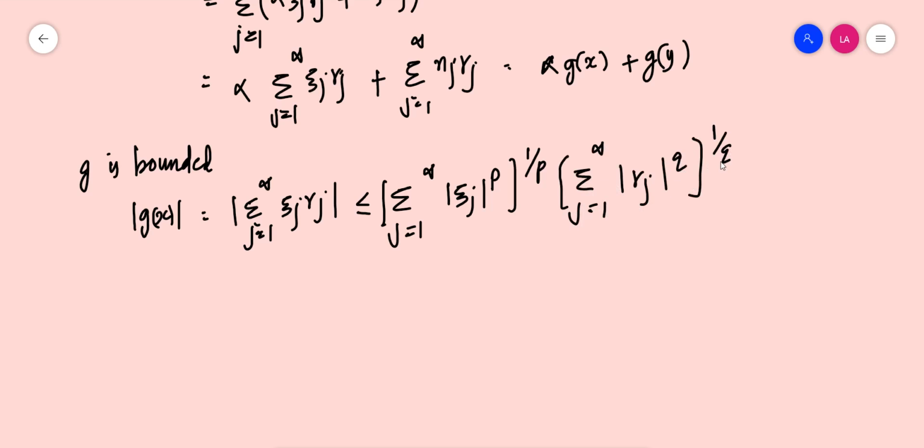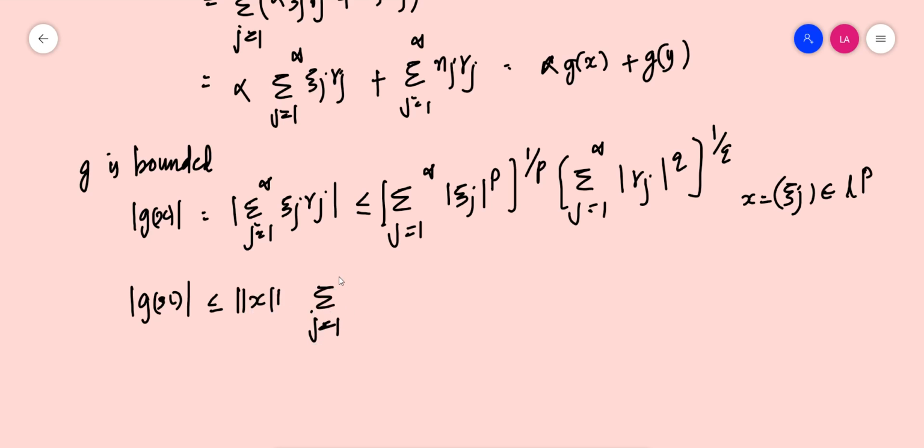We can write this as such, where the sequence theta j is an element in LP. So by the definition of norm, this is actually norm x. So modulus of g of x should be less than or equal to norm x times the summation of modulus of gamma j raised to q, the whole raised to 1 by q.